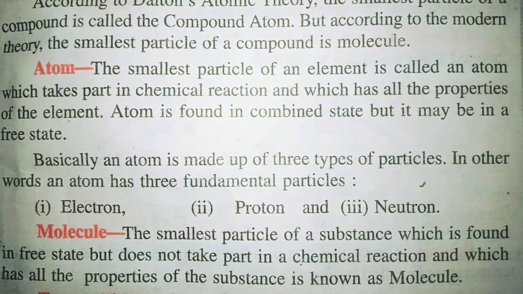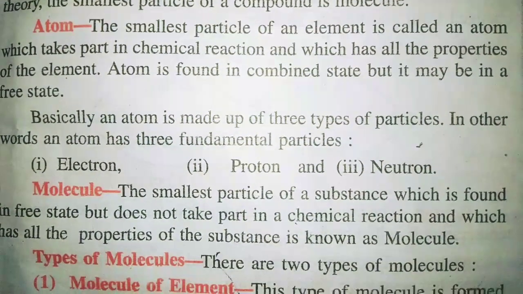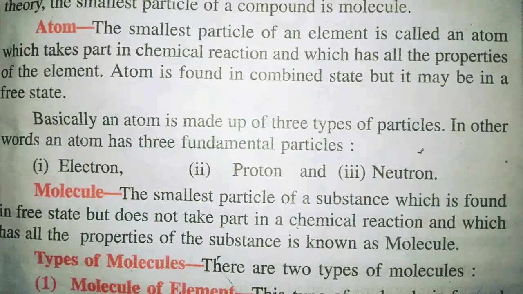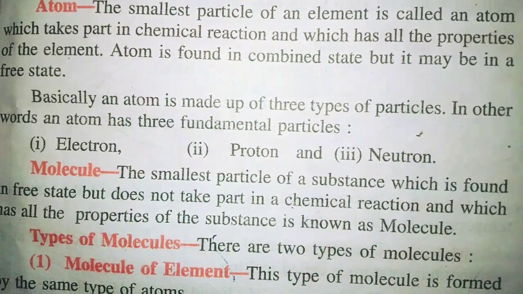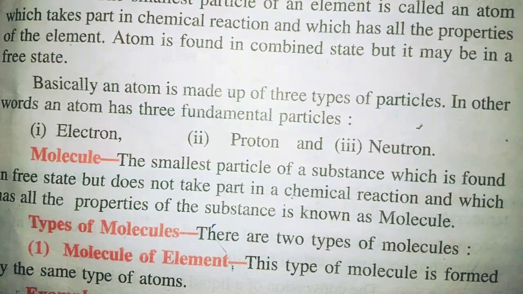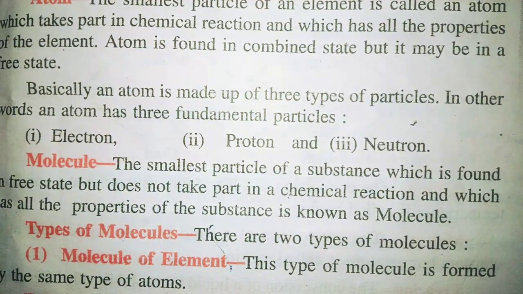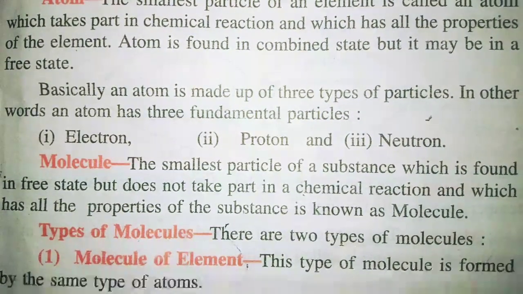Now we will be studying types of molecules. There are two types of molecules. First, the molecule of an element. This type of molecule is formed by the same type of atom.